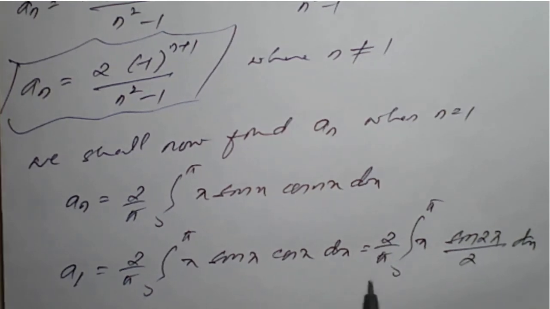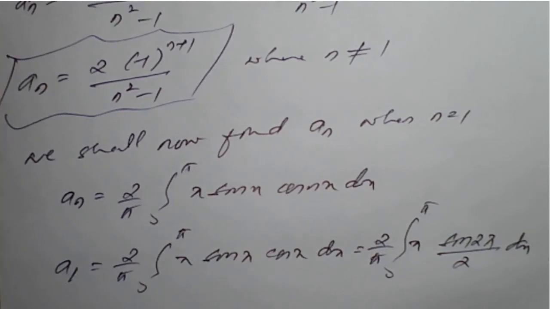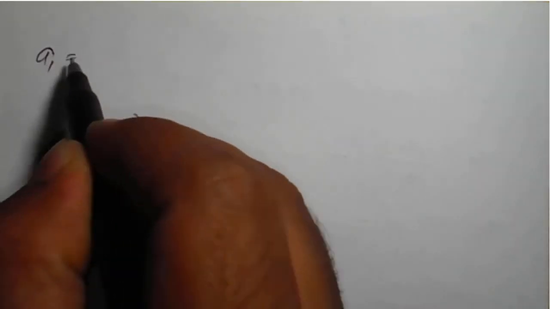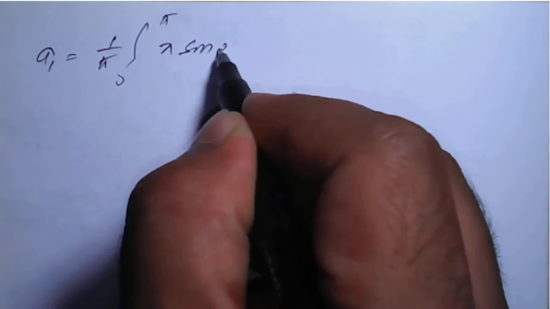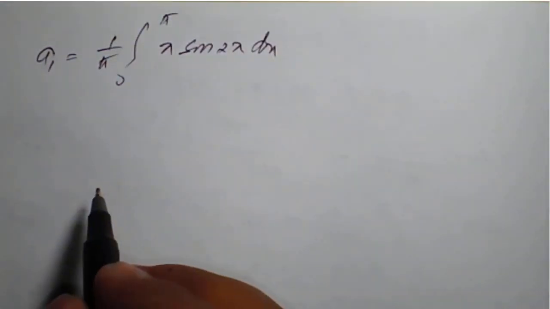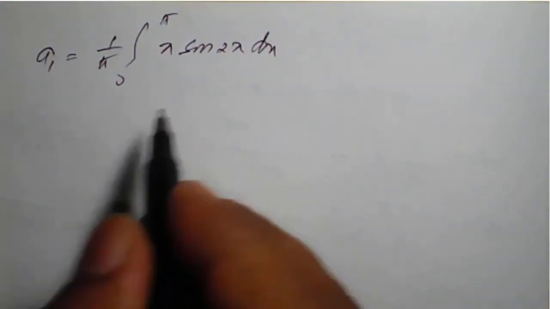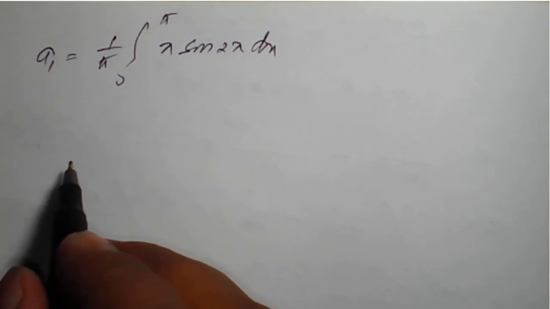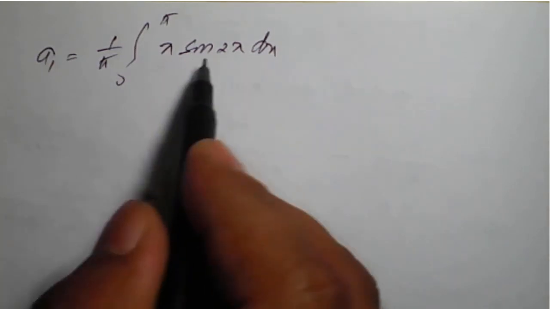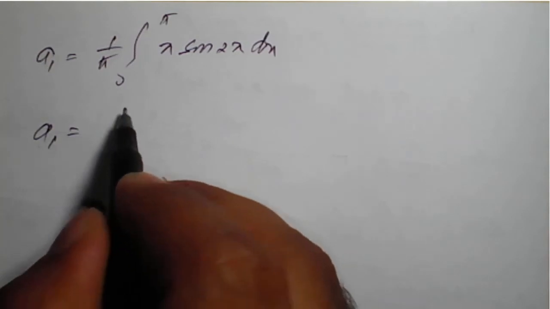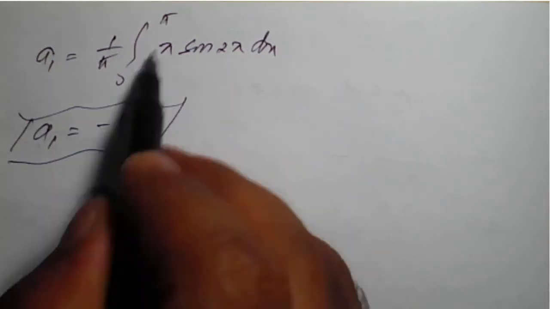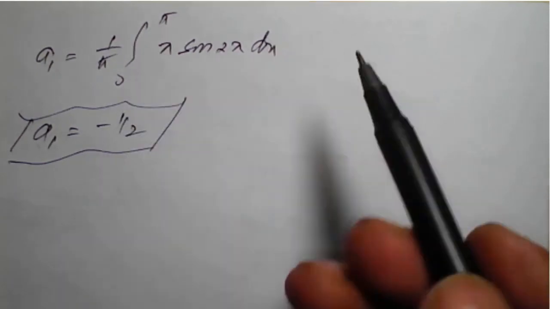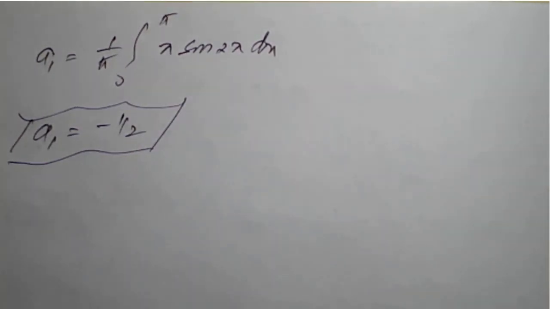So this 2 outside gets cancelled, and we'll get a1 is equal to 1 upon pi, integral from 0 to pi of x into sine of 2x dx. So on simplification, on applying integration with the limit 0 to pi, a1 will become minus 1 upon 2.